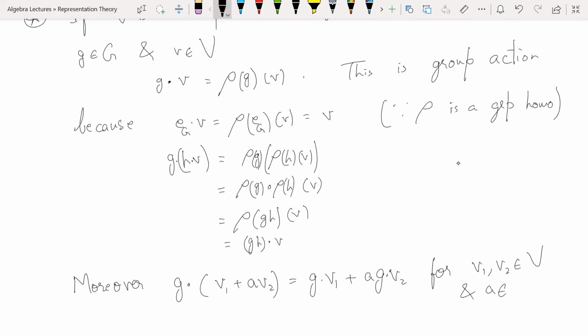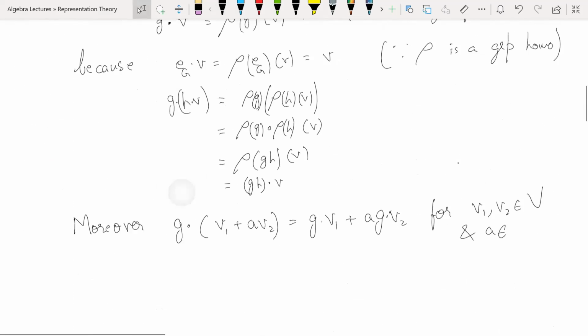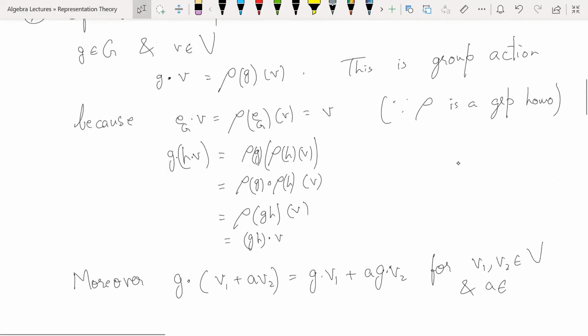So V is over K. Here the definitions can be done over an arbitrary field, but we'll assume K to be the complex numbers or at least characteristic 0.